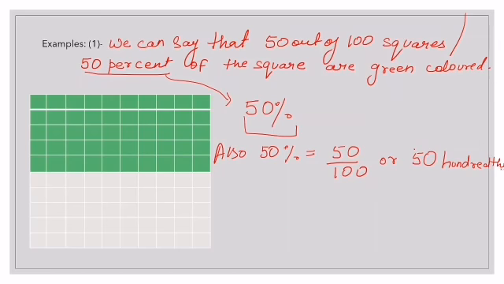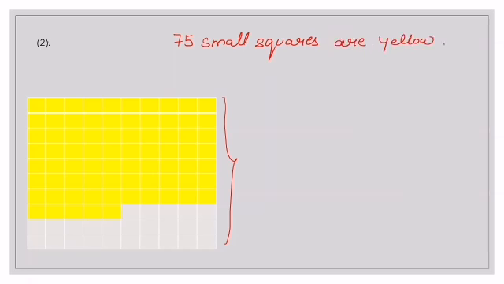Alright, let us see with some more examples. Example number 2. Here out of 100 squares, 75 small squares are yellow in color.